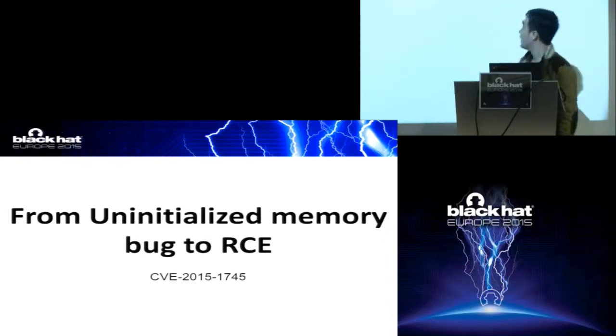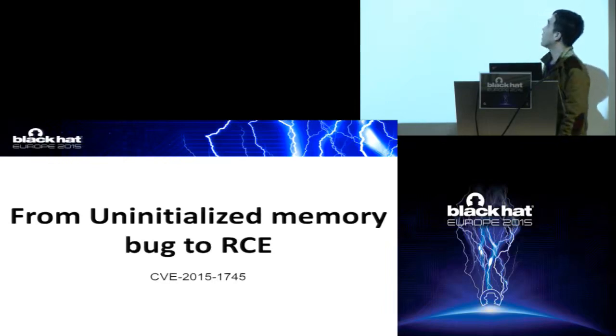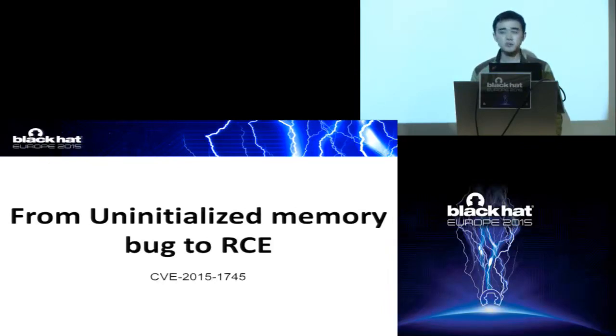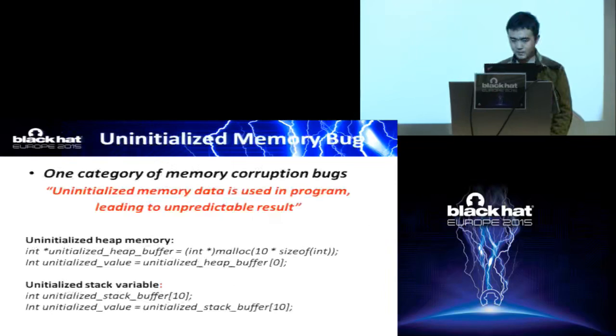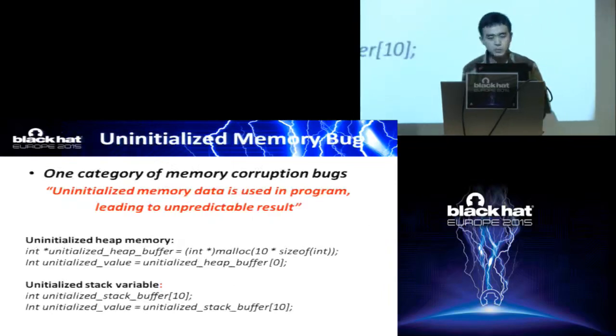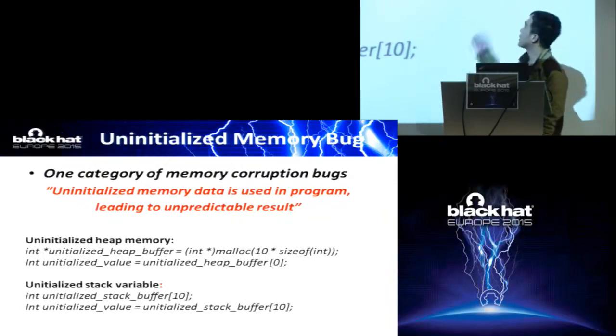All right. Let's start with the first part, which is the uninitialized memory bug. We use it to achieve RCE, remote code execution. So, what is an uninitialized bug? It is one category of memory corruption bugs.